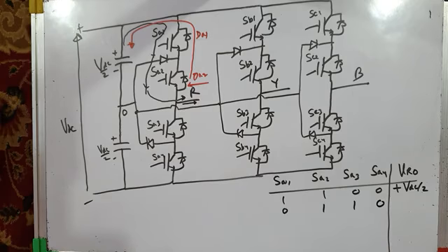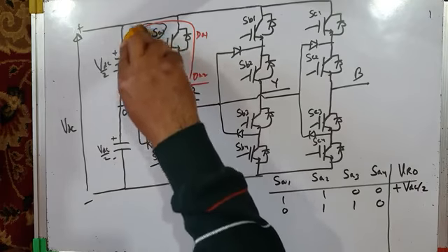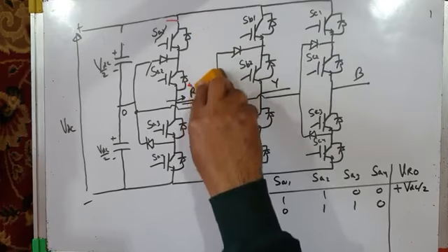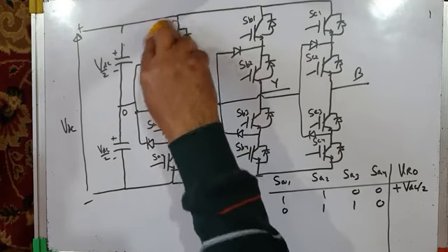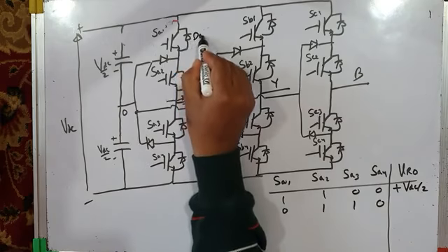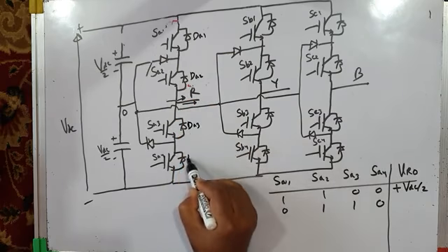For this switching status, let me erase these arrows showing direction of currents, because now we will consider a different switching state. This is DA1, this is DA2, this is DA3, and this is DA4.